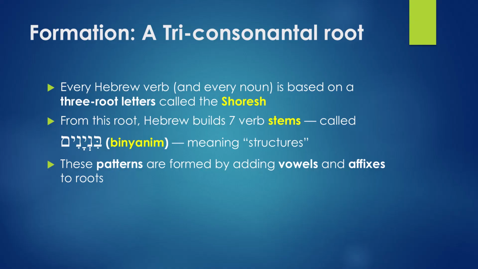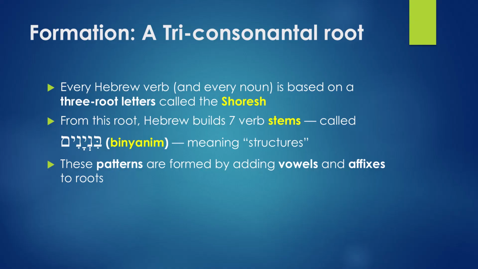And from the root, Hebrew builds stems, and there are 7 stems in Hebrew. These 7 stems are called binyanim. You can hear that im at the end, meaning it's plural. One is called binyan. Binyan simply means structure. Binyanim means structures. So there are 7 verb stems in Hebrew, and they're called binyanim, or structures.